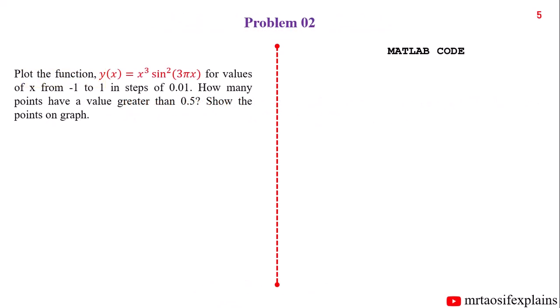So let's generate our MATLAB code. The first thing is that you have to put the values of x. So here the -1 is the starting value, the 1 is the end value, and the in between value 0.01 is the step size.